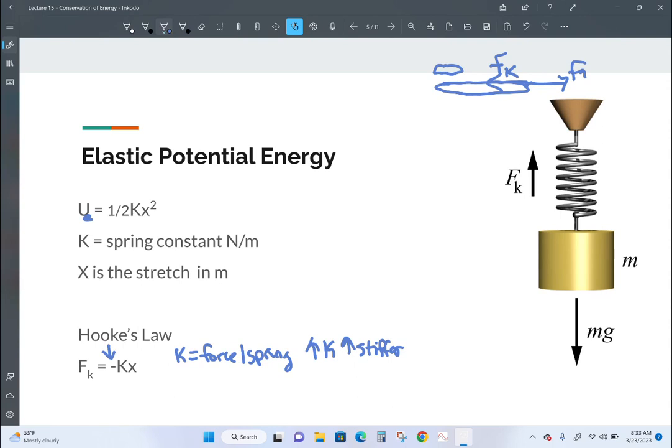So if you stretch it 1 meter and then you stretch it 2 meters, you're going to have 4 times, not just 2 times as much elastic energy, potential energy stored in it, but 4 times as much, which means that when you let go of it, you have 4 times as much energy turning into kinetic energy, which makes it travel faster and it hurts more. And then there's a constant here, 1/2. So the more this is stretched, the more potential energy it has.